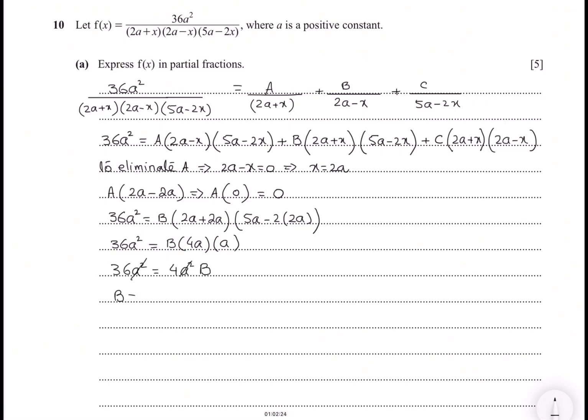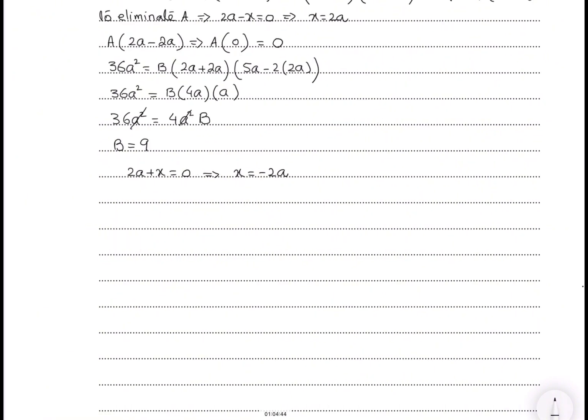So here you get the value of b also. To get the value of c, you pick 2a plus x equal to 0, so x is equal to minus 2a. By writing this minus 2a, you get the value of a, which is 1.